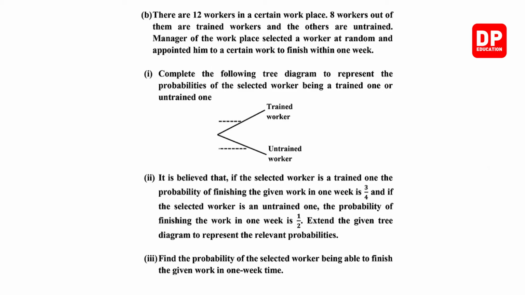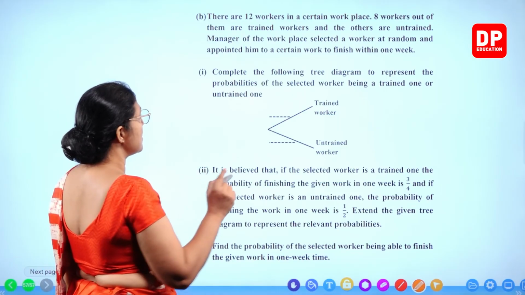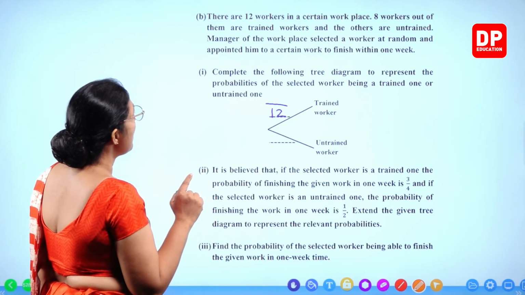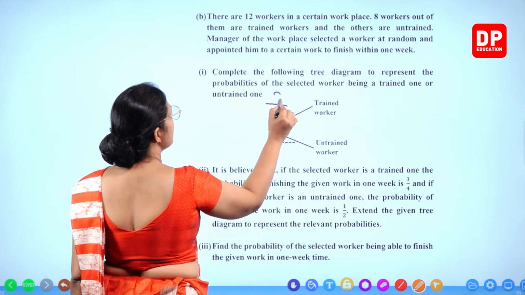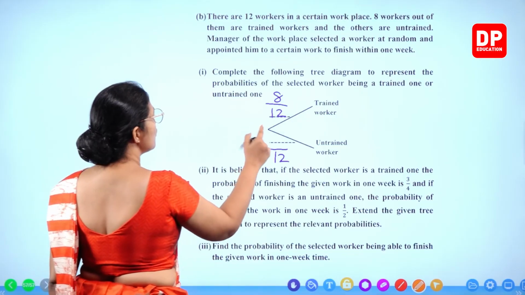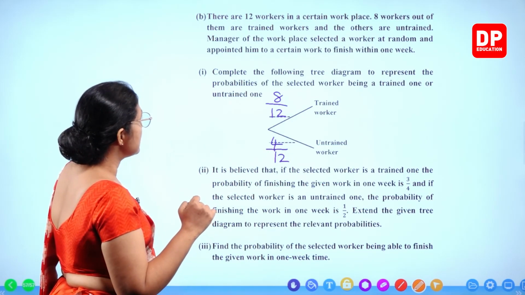Complete the following tree diagram to represent the probabilities of the selected worker being a trained one or untrained one. So what is the probability altogether? 8 workers are there, 12 workers. Out of 12, how many trained workers are there? 8. Then the remaining ones are untrained workers. So that's 4. So that's how you fill the probabilities.